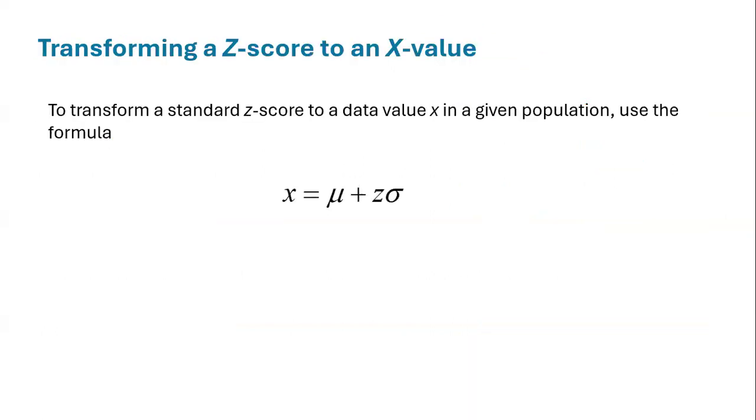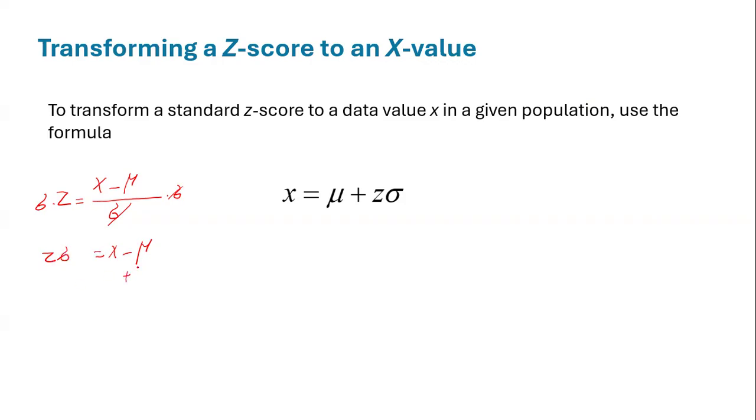And this is the formula that we use to transfer z to x. That's the same formula. If you remember, in the formula we had when we converted x to z, if you want to find the x, to get rid of the denominator you need to multiply both sides by sigma, which means x minus mu must be equal to z sigma.